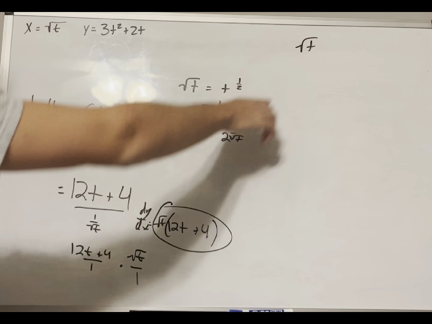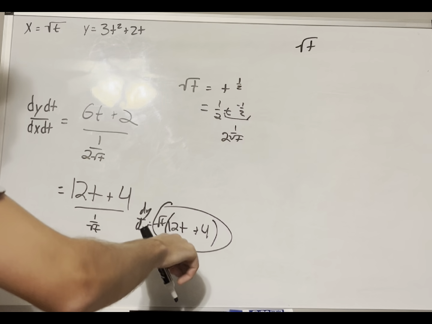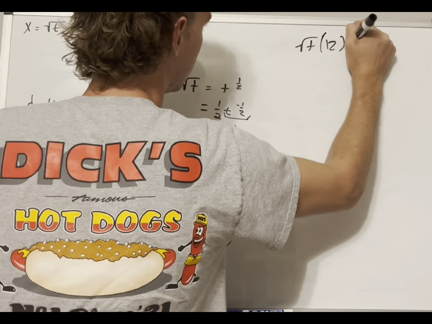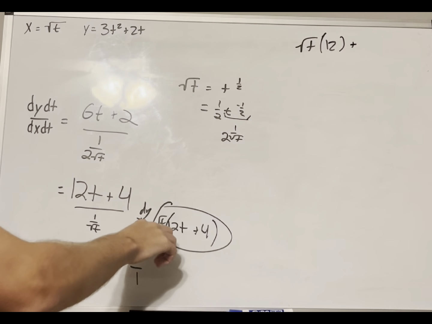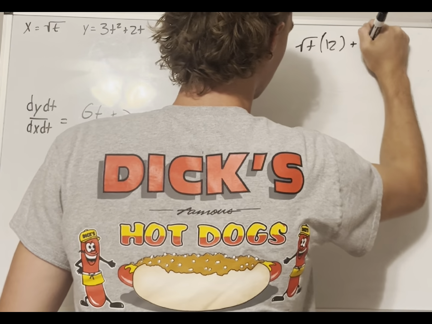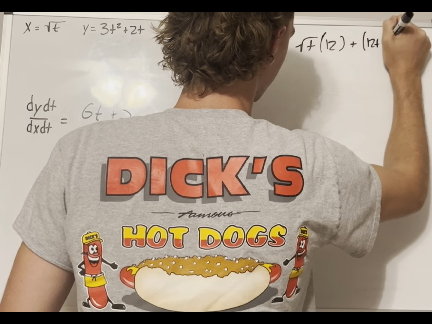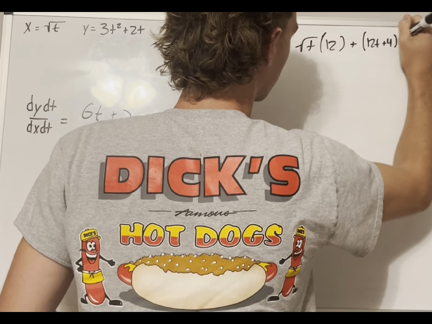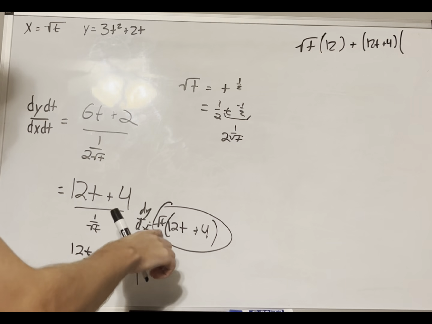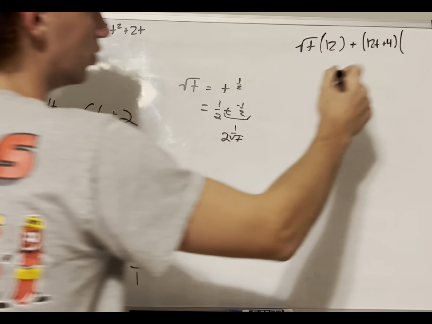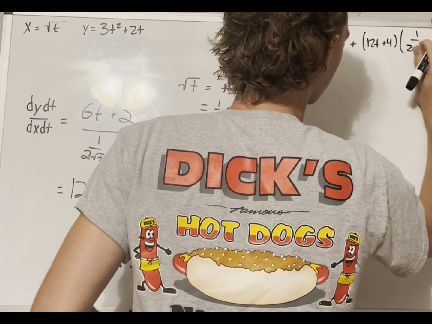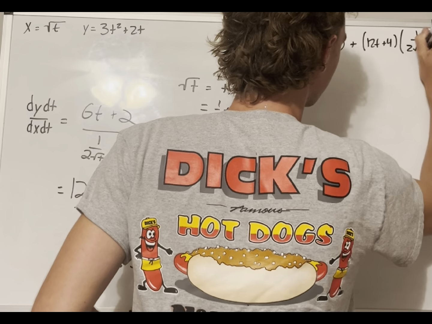So you do 1, which is the root t, times the derivative of this, so times 12, plus 12t plus 4 times the derivative of root t, and then we found the derivative of root t to be 1 over 2 root t.